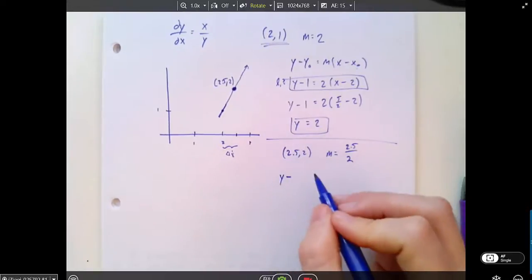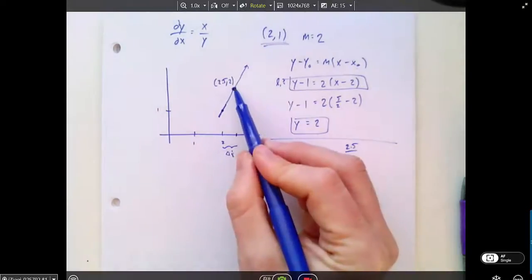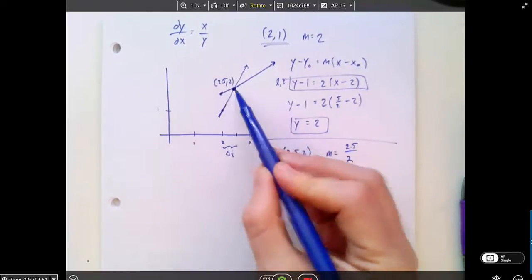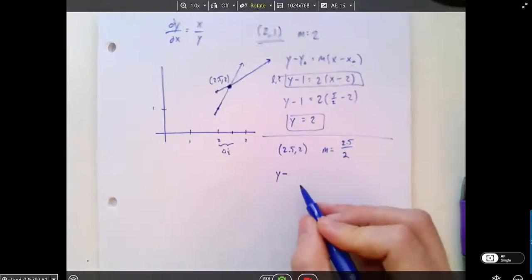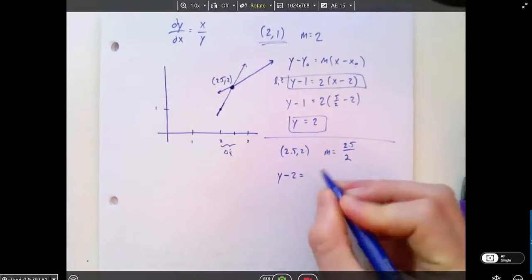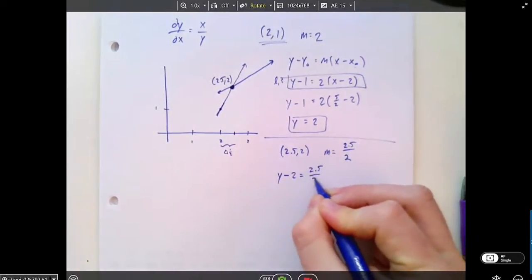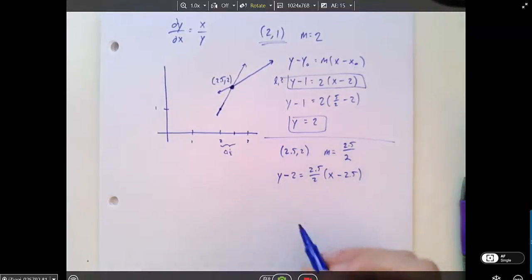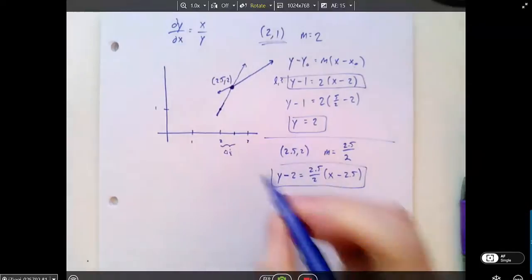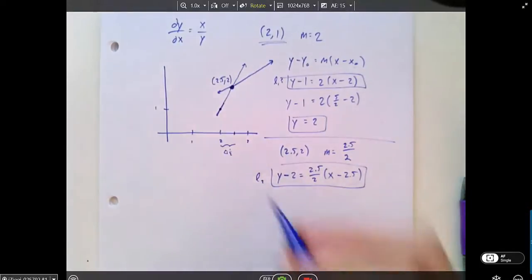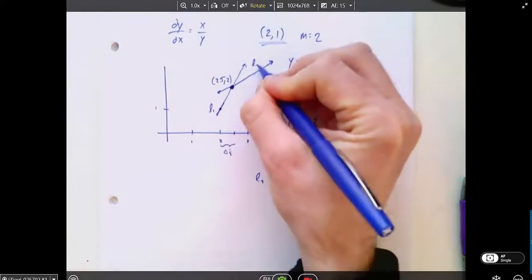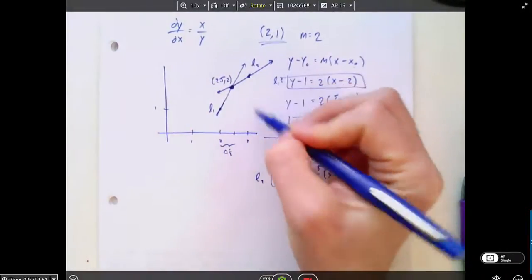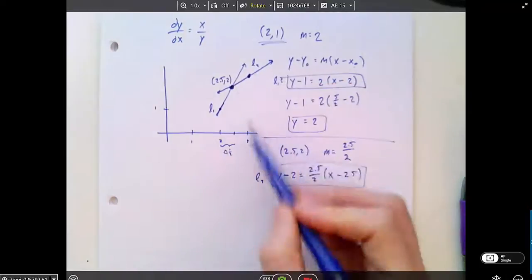So y minus, I'm constructing it based on this new point here, so my new y value is 2, my slope is this, my x value is 2.5. Here's L1, here's L2. So we want to use the second equation now to predict what is f of 3.